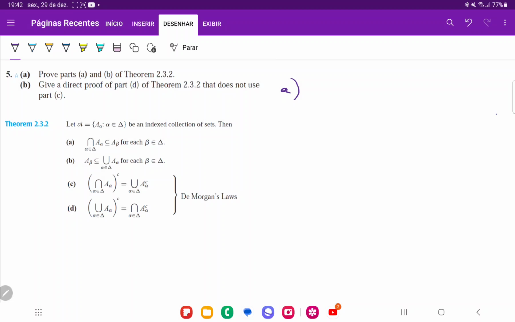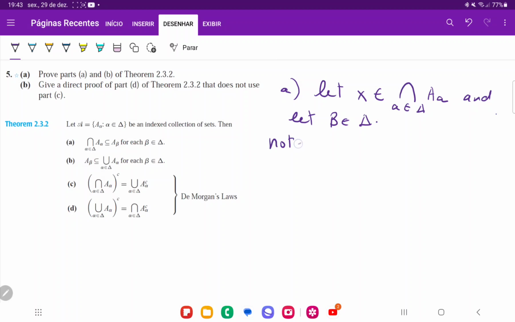So what we're going to say is, let X belong to the intersection, and we want to show that X is also in every set, right? So we're going to say, and let beta belong to delta. So we're saying that beta is within that indexing set, right?